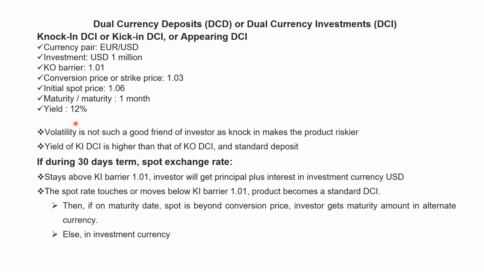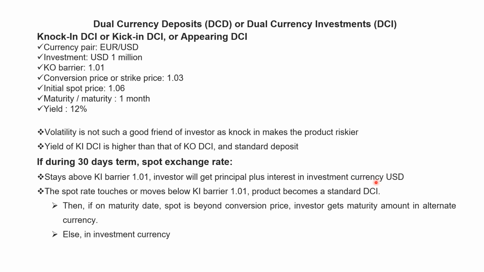If during the 30 days term the spot exchange rate stays above the KI barrier of 1.01, the investor will get the principal plus the interest in the investment currency USD, like in a simple deposit. If the spot rate touches the KI barrier 1.01, the product becomes a standard DCI.